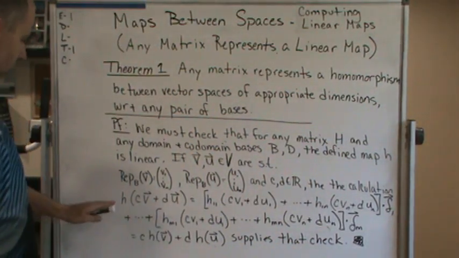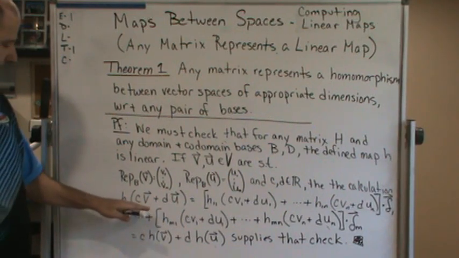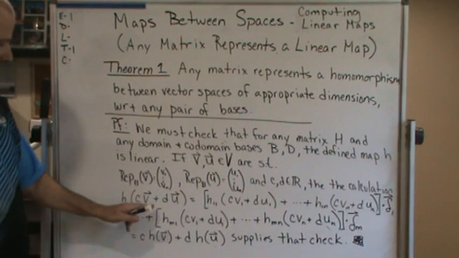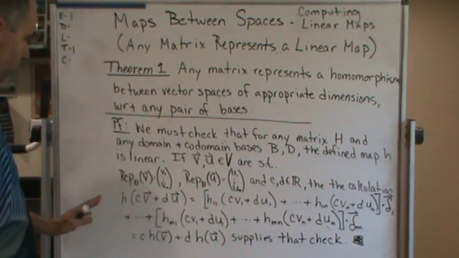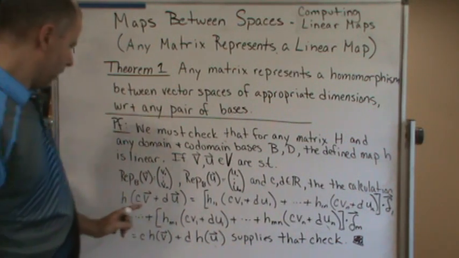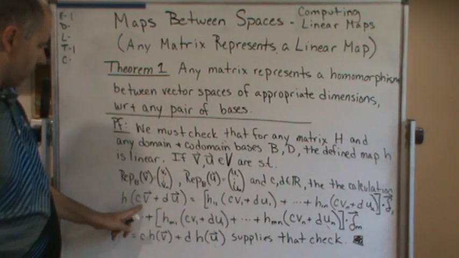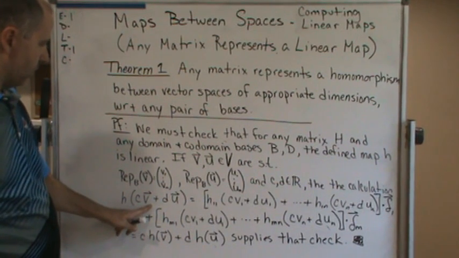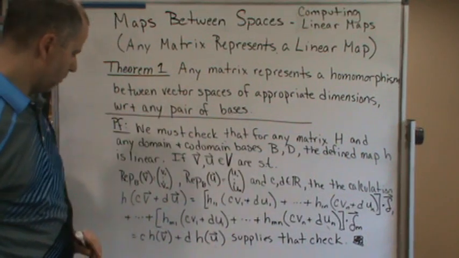The calculation of H, the mapping of the linear combination of V and U, CV plus DU, can be broken down in this regard because we're going to take C times the linear combination of V1 times the basis, right?